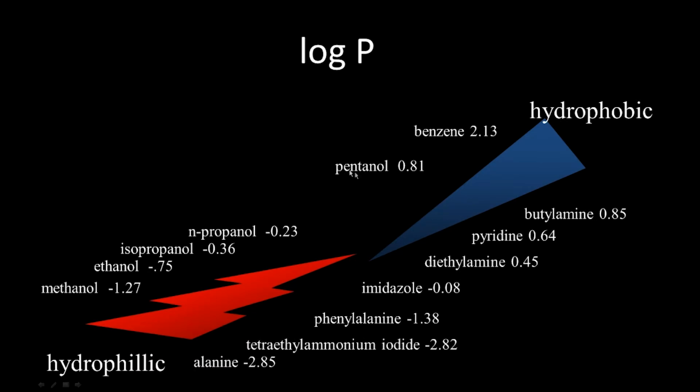So look at this log P, hydrophobic. This is very hydrophilic. Methanol, propanol, isopropanol, ethanol, okay, phenylalanine, imidazole, diethylamine. Now this is becoming more hydrophobic, so it's more positive. Benzene quite high, pentanol quite high.